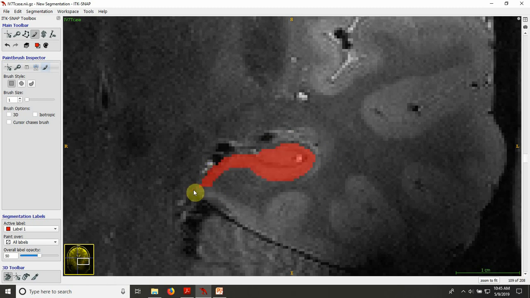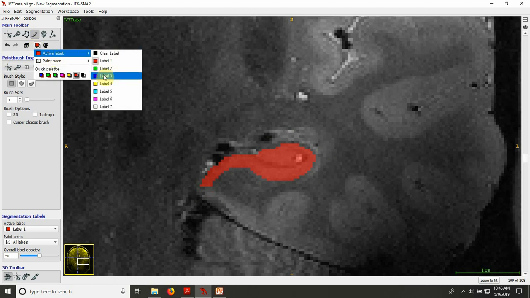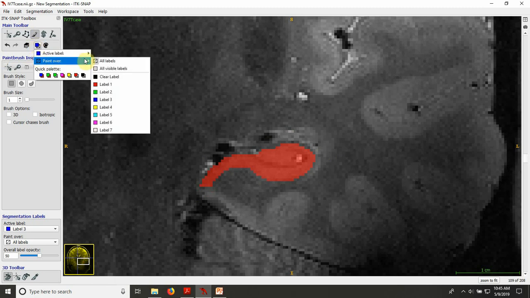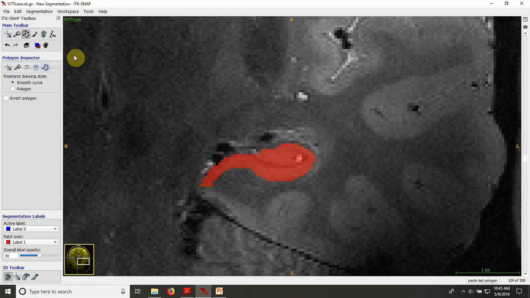Okay. So then the next thing that I'll do is segment the dentate gyrus, which I'll give a blue label. If you remember from my previous tutorial, the border of the dentate gyrus, its surrounding region, is actually determined by this dark line of voxels, which we often call the dark band, which represents the stratum radiatum lacunosum moleculare, or SRLM.